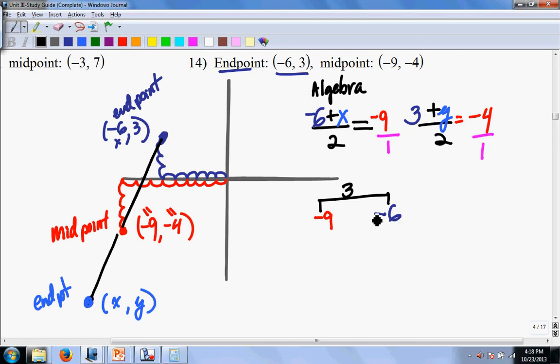Okay, you're not adding, you're just finding the distance. That means, and -9, remember -9 is the midpoint, so it's the middle. So then I ask myself, if I were to go 3 units this way to my other mystery x, where would I be? And notice, I know it has to be negative, so if I go to -9 and I march to the left 3 more units, I know my answer is going to be -11.